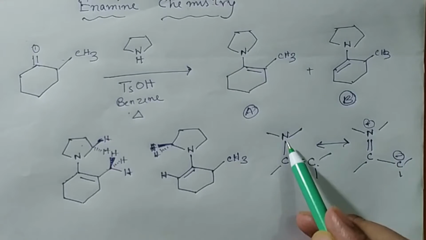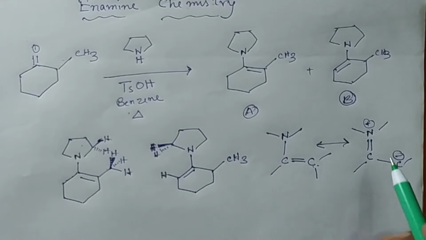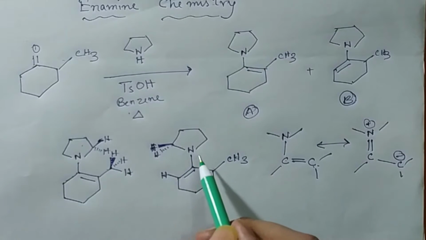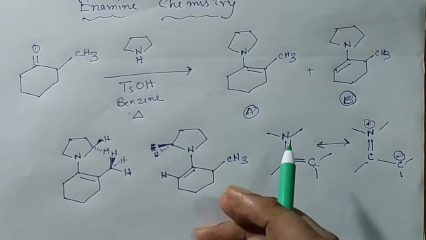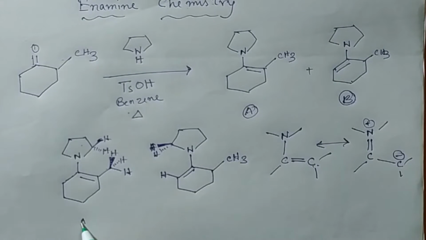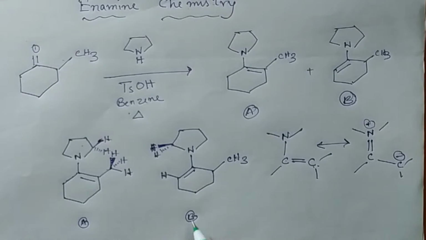So these three atoms have to be in the same plane to carry out this conjugation, and obviously that happens in both possible enamines. So if these three atoms are in the same plane, let's take a look at enamine A. What is the condition here?